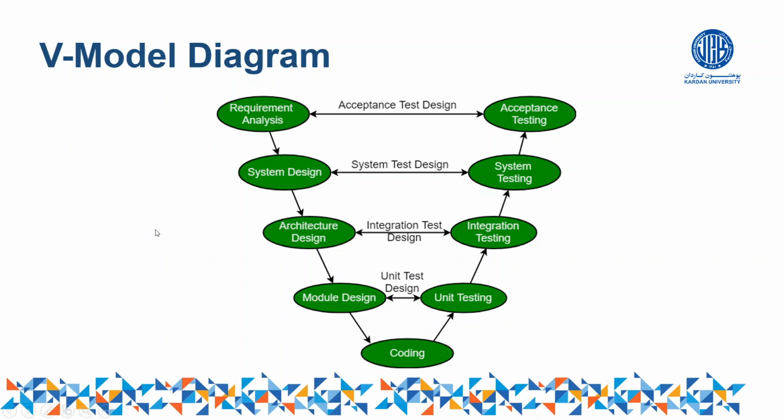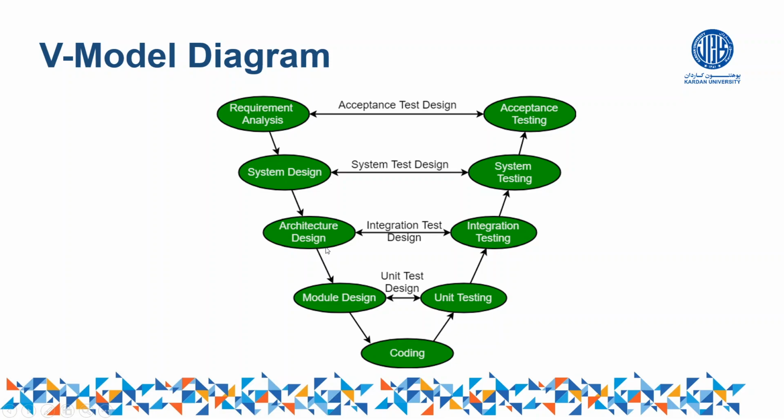Once these are partitioned into multiple subsystems, the relationship among each subsystem is also identified here in the architectural design. At the same time, the integration test design document is also produced here in the architectural design.